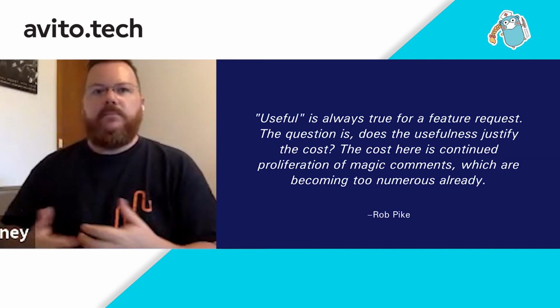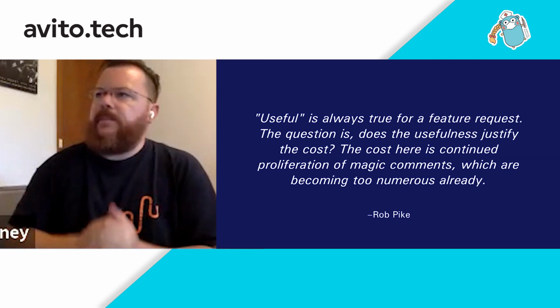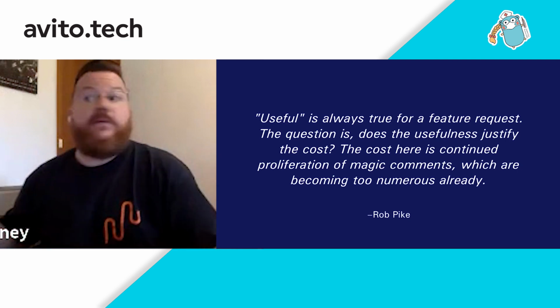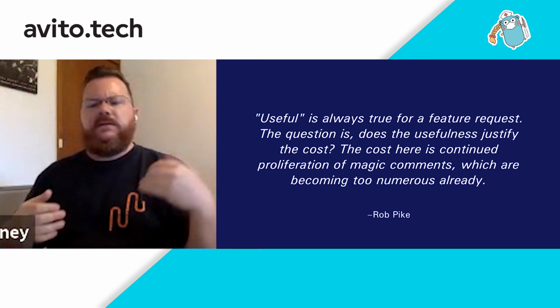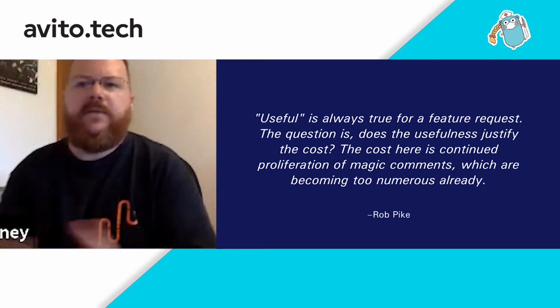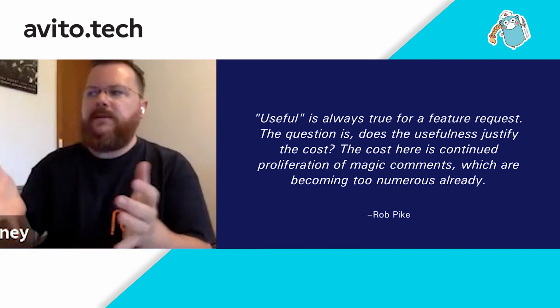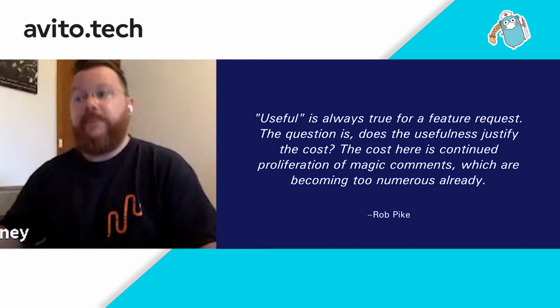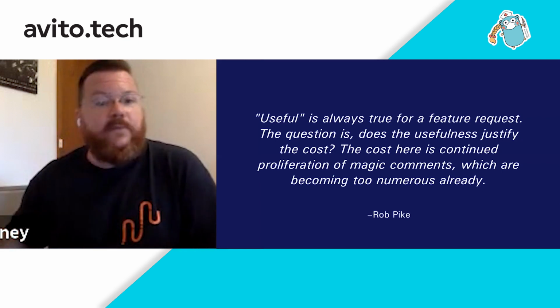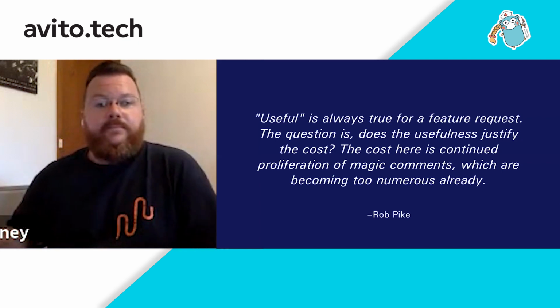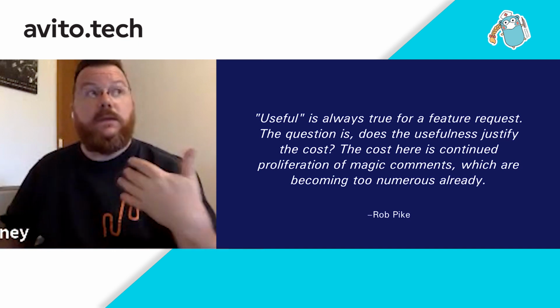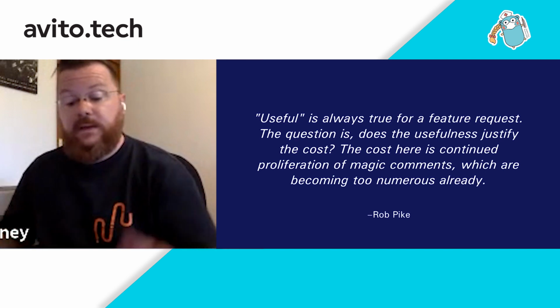At the time, Rob Pike said that useful is always true for any feature request. The question is, does this usefulness justify the costs? The cost here is the continued proliferation of magic comments, which are becoming too numerous already. I'll leave you to decide at the end of the presentation if the design path that the Go team went down was a good idea.